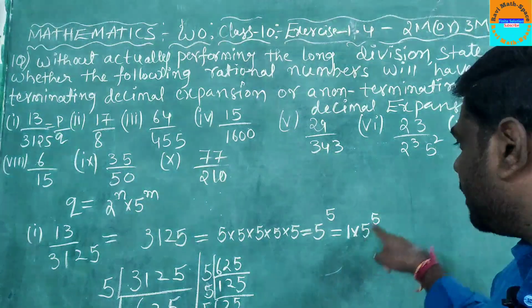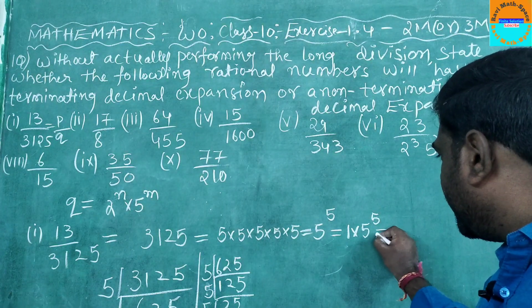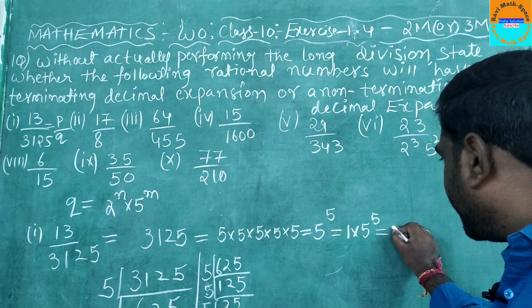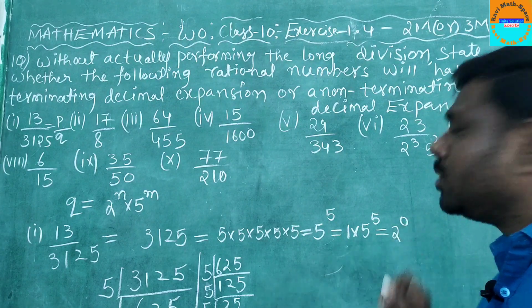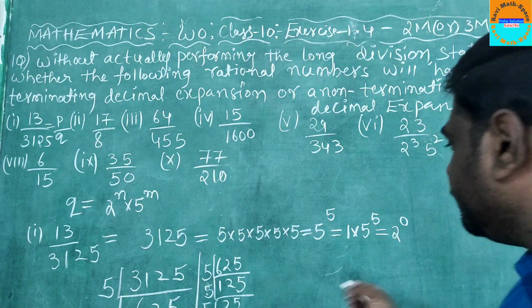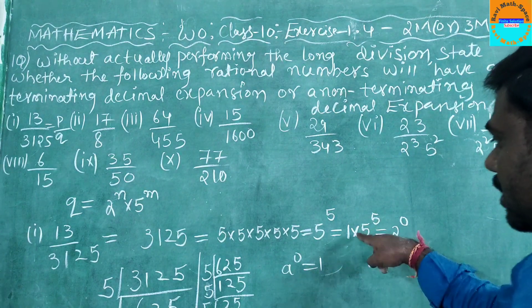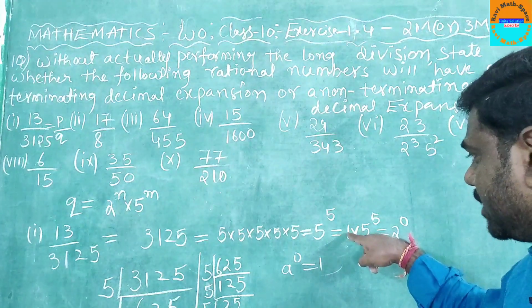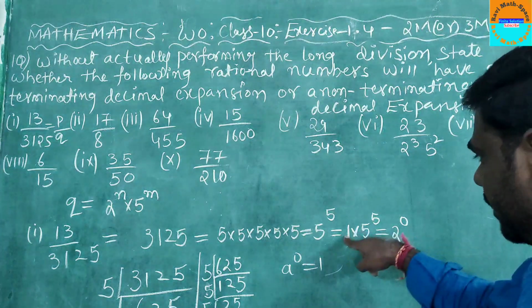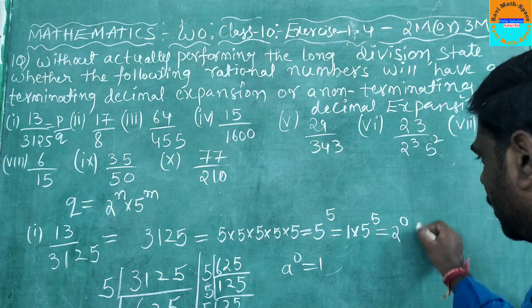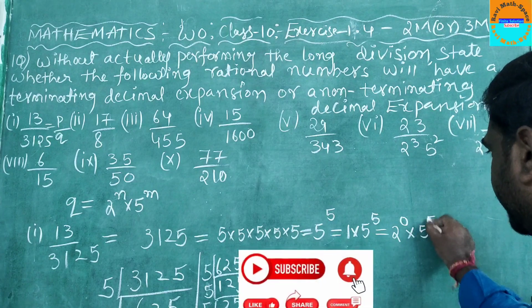So this 1 I can write as 2 power 0. Already we know any number to the power of 0 is equal to 1. So by using this, we can write 2 power 0 into 5 power 5 instead of 1 into 5 power 5.